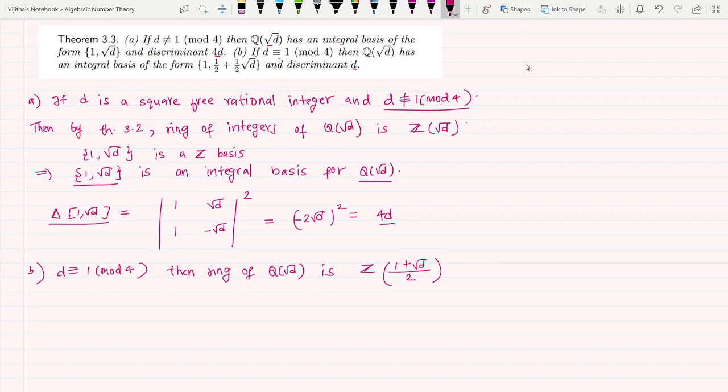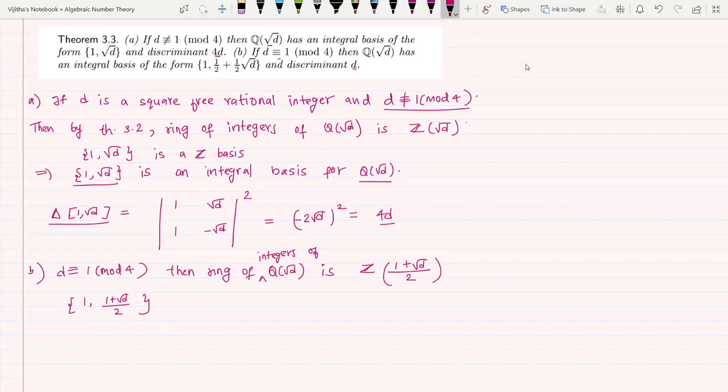So this is the ring of integers. Ring of integers of Q of root D is Z of half plus half root D. Then we know that since this is Z of half plus half root D, the set 1 comma half plus half root D, that is 1 plus root D by 2, forms a Z basis.